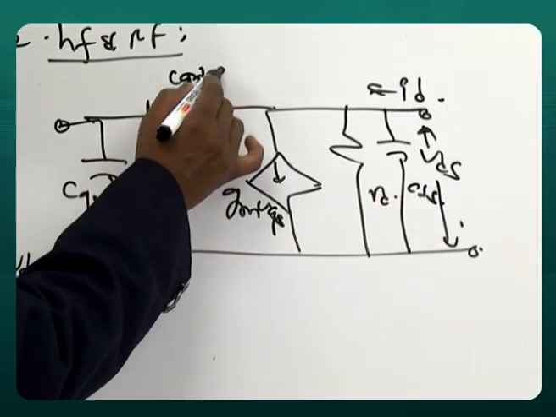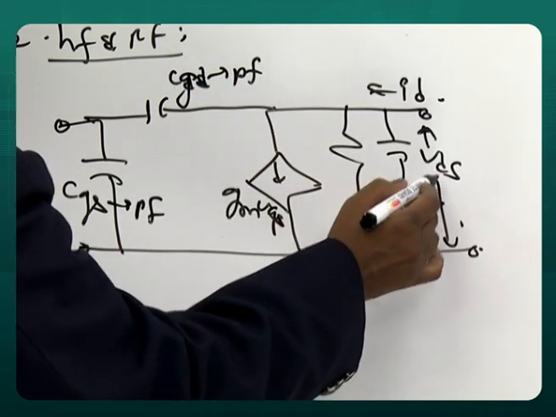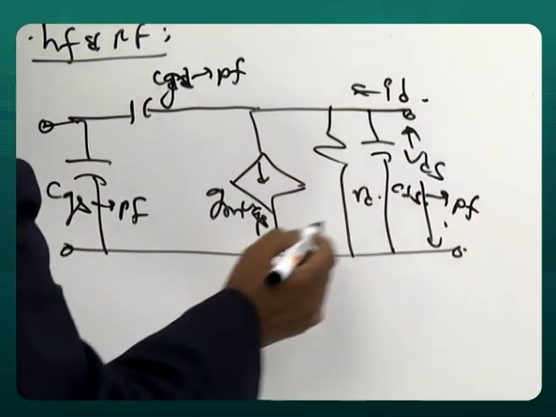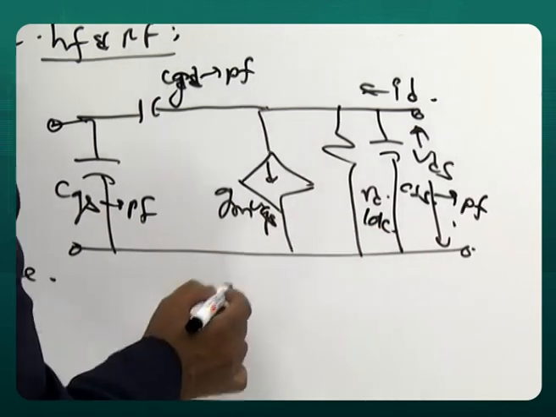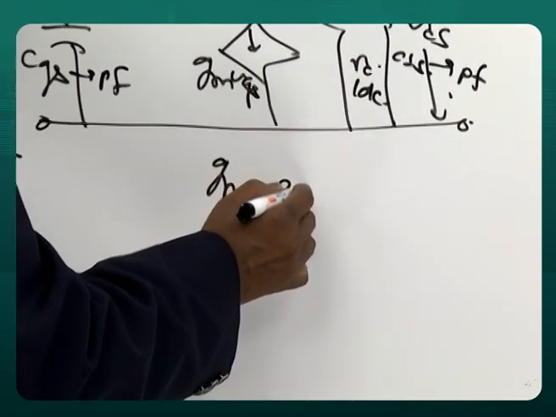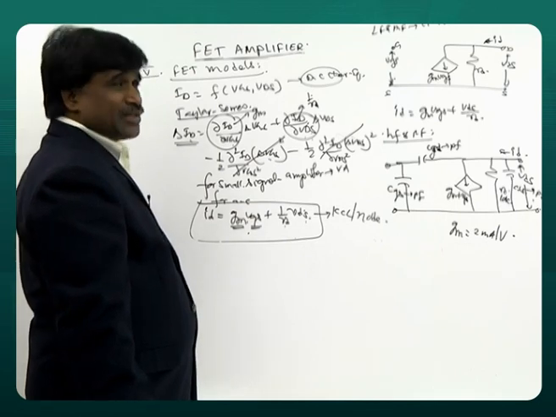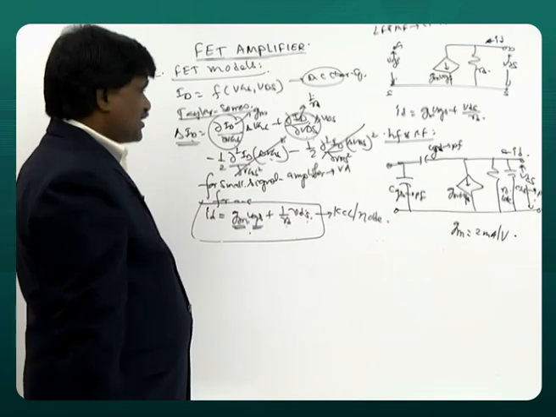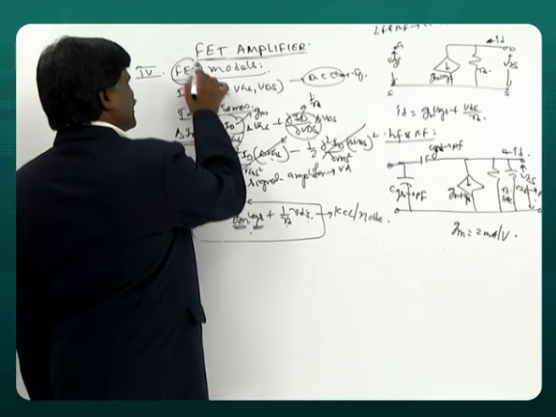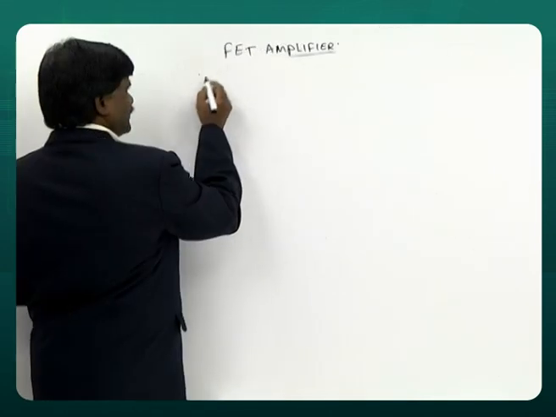This is of an order of picofarad, and this is an order of picofarad. This is an order of picofarad. This is 10 kilo and GM is 2 milliamperes per volt. So this is called the models of FET. Which FET? All FETs, because for AC all FETs are same.